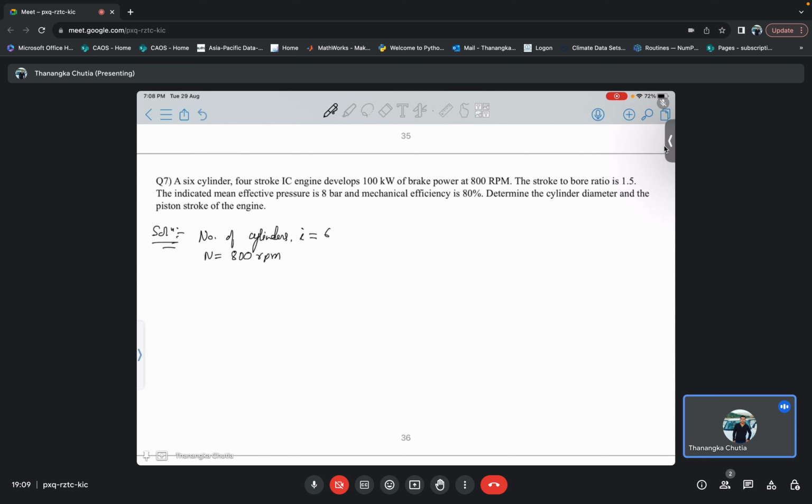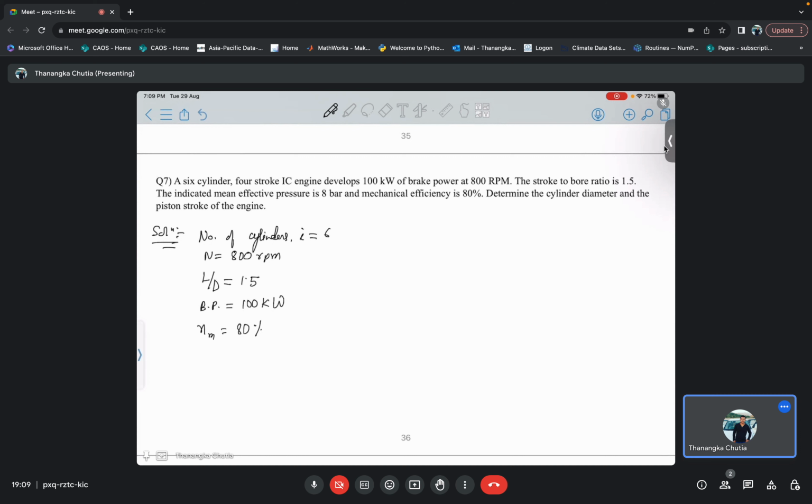Stroke to bore ratio, that is L by D, is given as 1.5. And your brake power is given as 100 kilowatt. And eta mechanical is given as 80%.